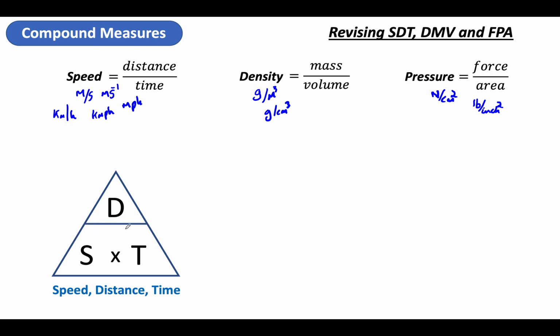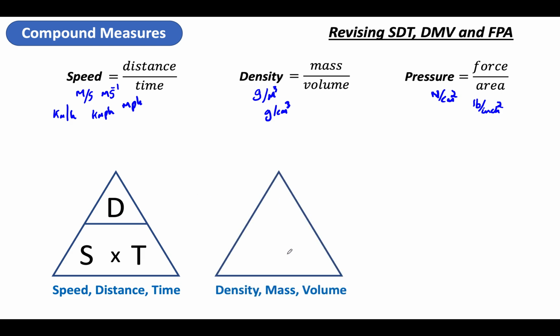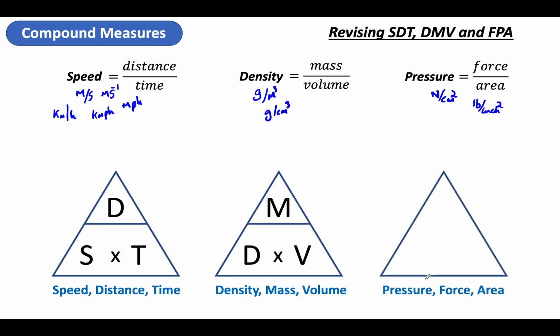I always put a little line in to remind me that's a divide line, and then the little x, which obviously means times. And then density, mass, volume. Density is mass over volume, and then pressure is force over area. Okay, so those are our three triangles: SDT, DMV, and PFA. And if you remember those, always start in the bottom left and move around clockwise.